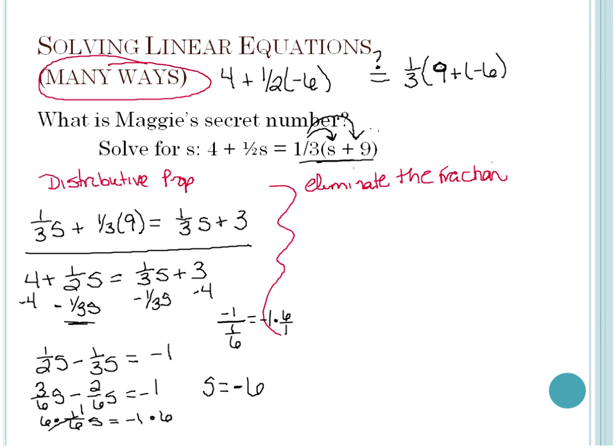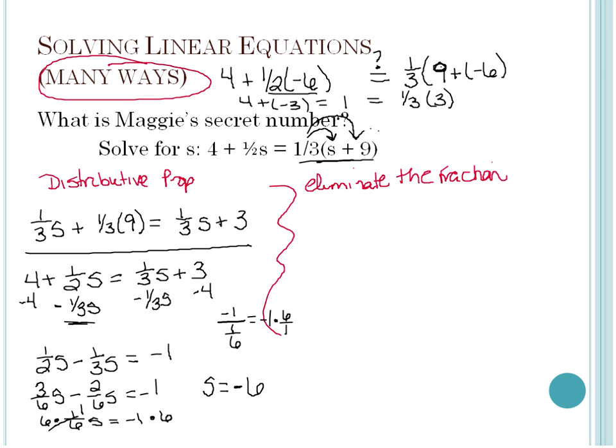So let's see, half of -6 is -3, so this would be 4 plus a -3, and that's going to give me 1. Over here, I have, let's see, 9 plus a -6 is 3, so I have 1/3 of 3, and indeed both give me 1, and so I have Maggie's secret number.